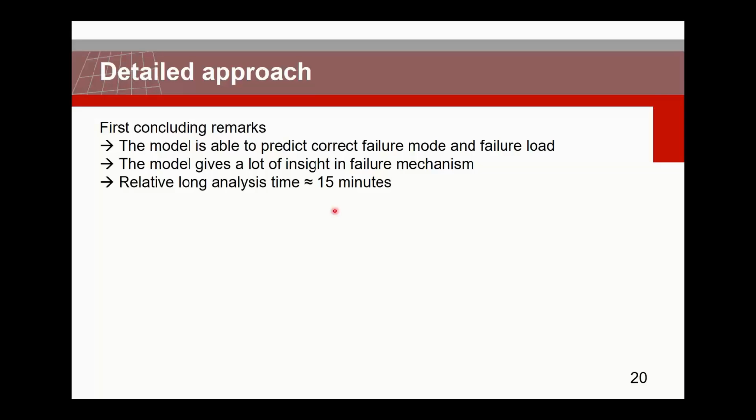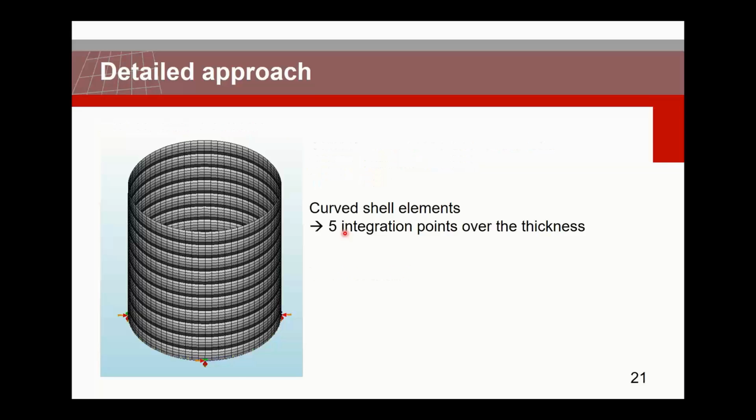So we were thinking of ways to speed up the analysis time. One thing we can try is to use shell elements, so curved shell elements, instead of solid elements. It has the benefit that we have fewer degrees of freedom.